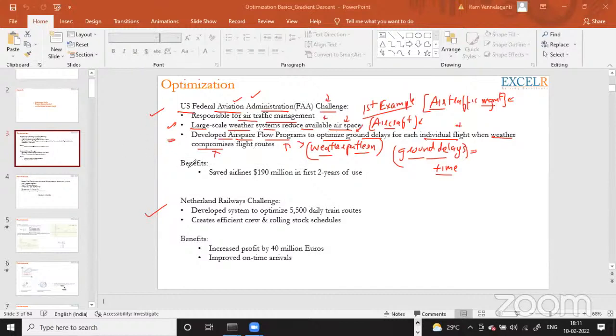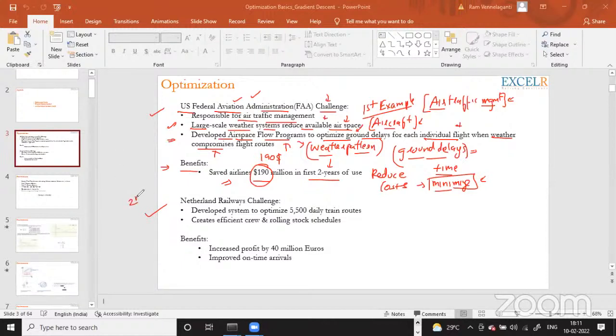So what is the benefit because of this? The airline was able to save around $190 million in the first 2 years. So based on your optimization, you are able to reduce your costs. You are able to minimize your cost. So this is one form of optimization for us, minimizing our cost. This is the first example that we have.